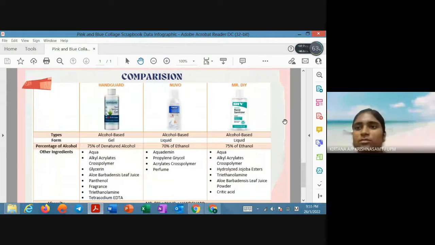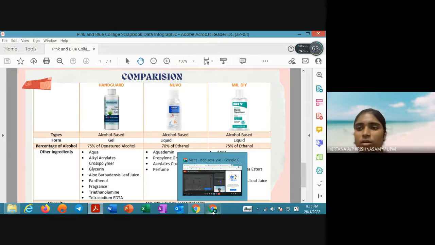For the next part is the comparison between the hand sanitizers used for the experiment. There are three brands: first Handguard, then Nuvo, and last Mr. DIY. All three are alcohol-based.